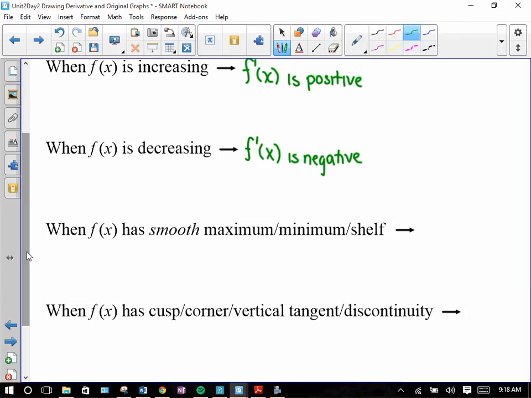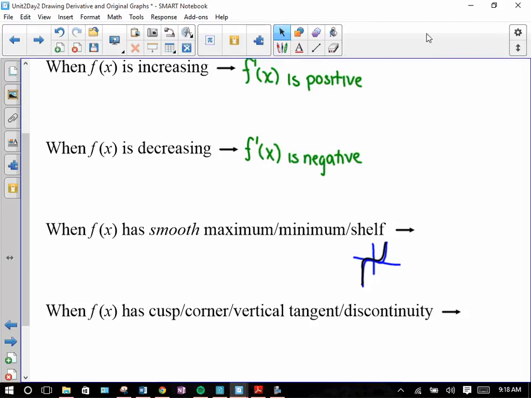When f of x has a maximum, a minimum, or a shelf. A shelf would be something like x cubed, where the graph looks like this. So you have that type of thing. Alright, that would be a shelf.